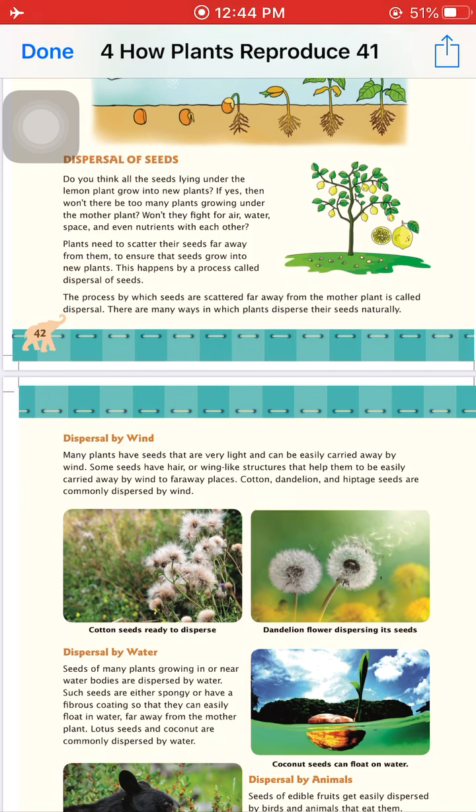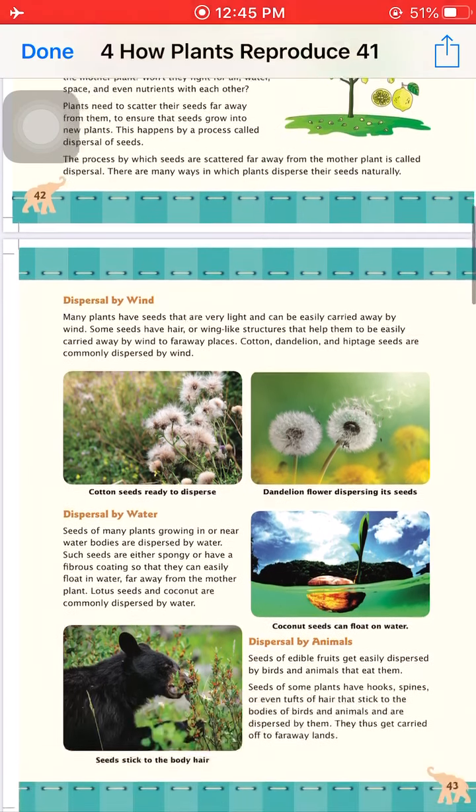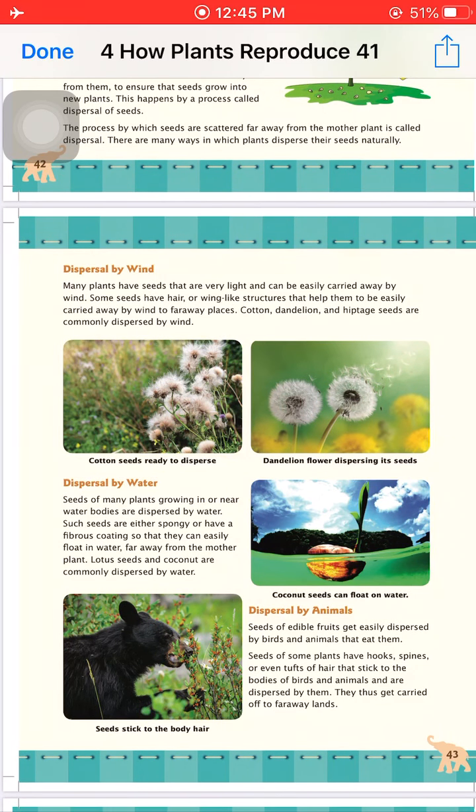Some seeds have hair or wing-like structures that help them to be easily carried away to far away places. Some examples of seeds that disperse by wind are cotton and dandelion. Here you see the pictures of cotton and dandelion flower.